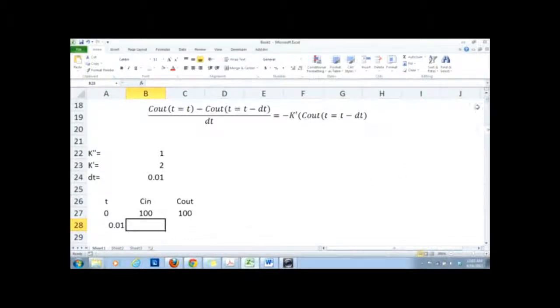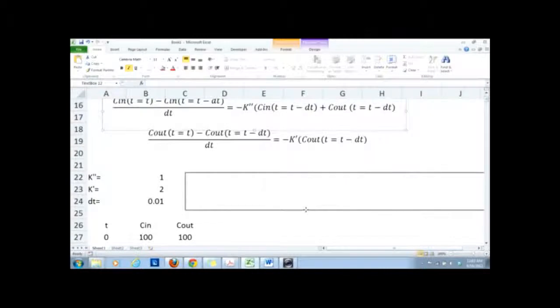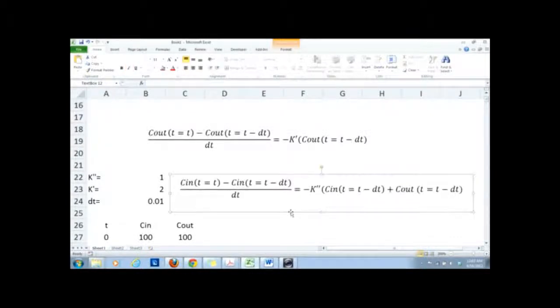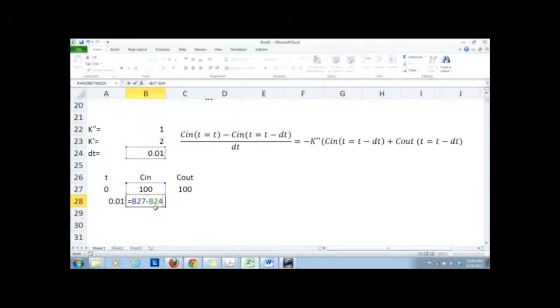Now for C in I will use the formula which is defined here. Let me grab the differential equation here. So I'll say C in is equal to C in at t minus dt, minus dt, and I put a $ sign again, and then into k double dash.